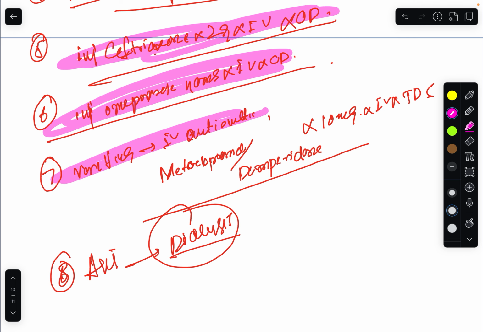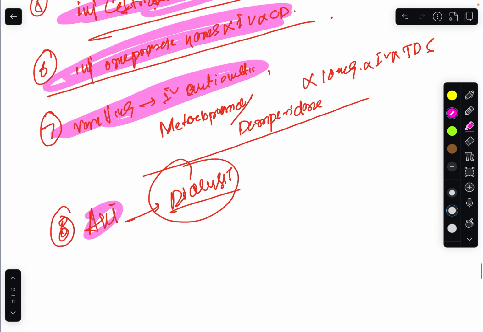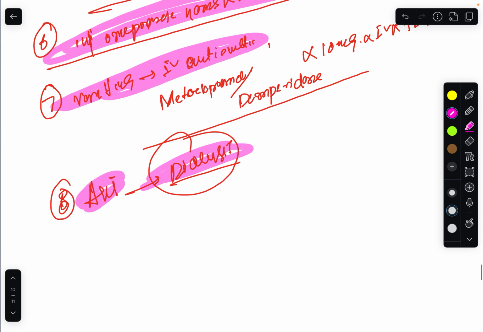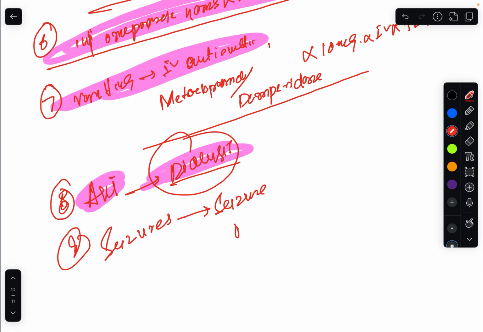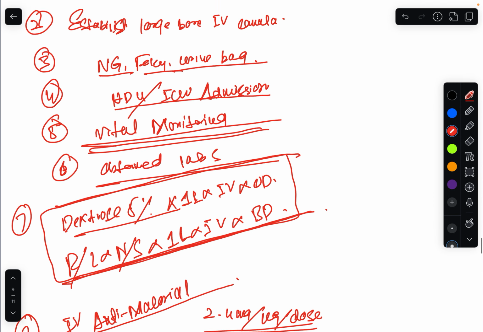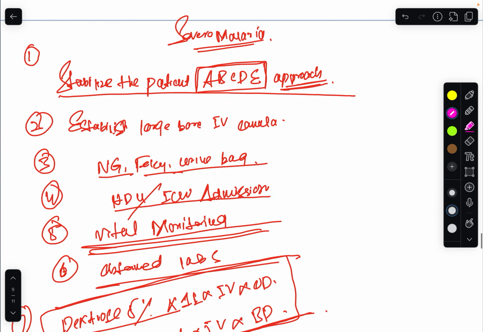If the patient is vomiting, we can give antiemetic. If the patient has developed AKI, we can go toward dialysis. Similarly, if the patient is having seizures, we can follow seizure protocol. So we will manage complications. These are not the specific management, these are complication management.